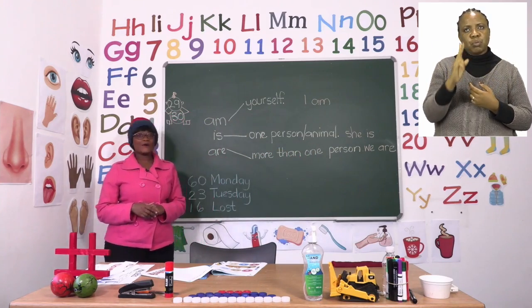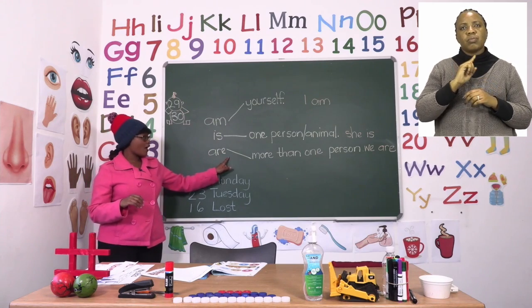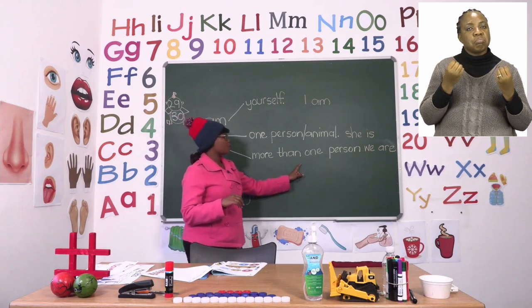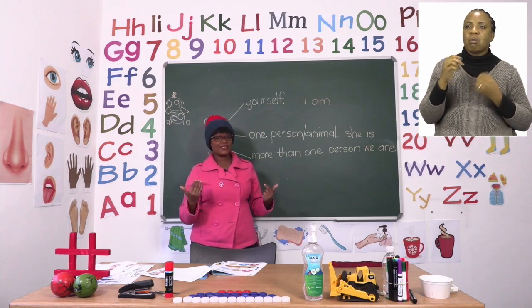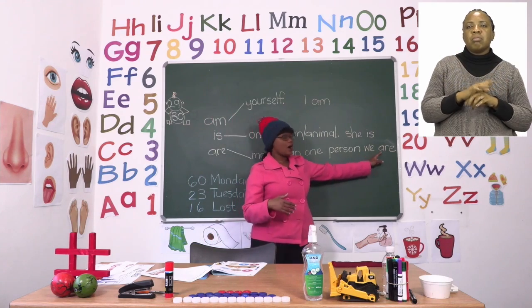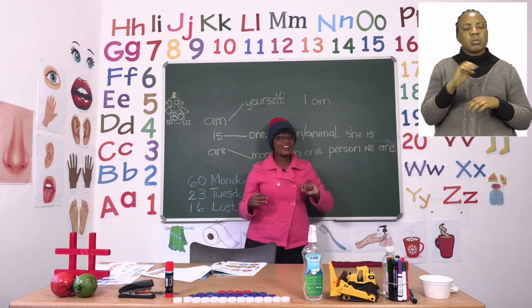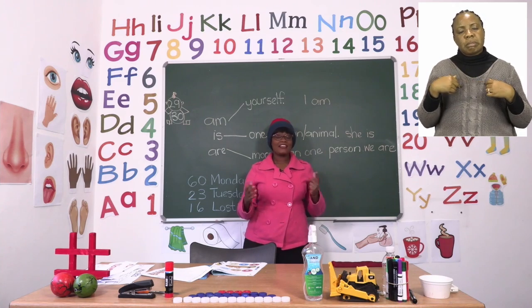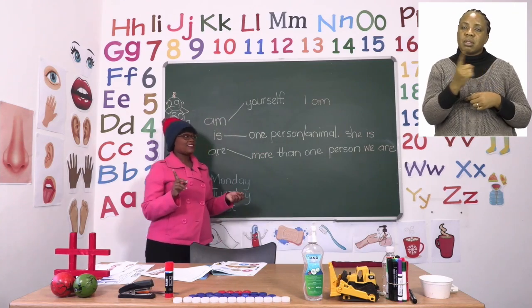And then if it is more than one person, we say are. Because more than one person or one animal, and if we are even included, we say we are tired. They are playing.